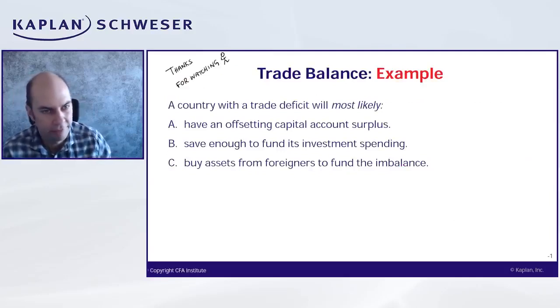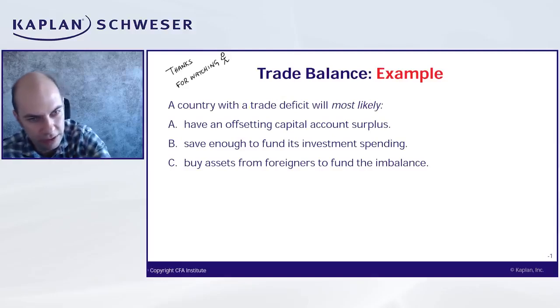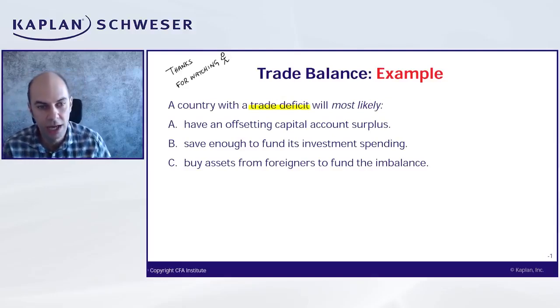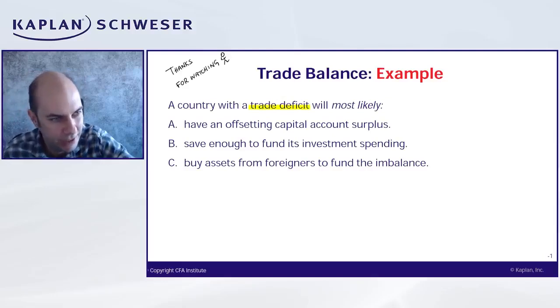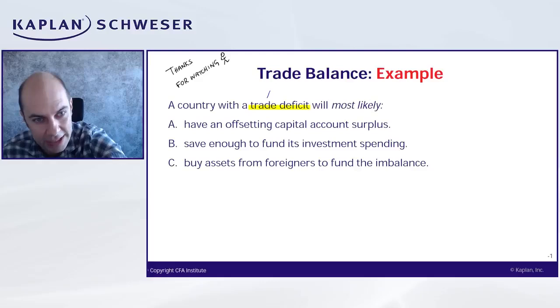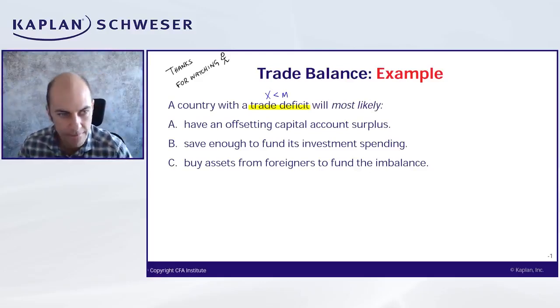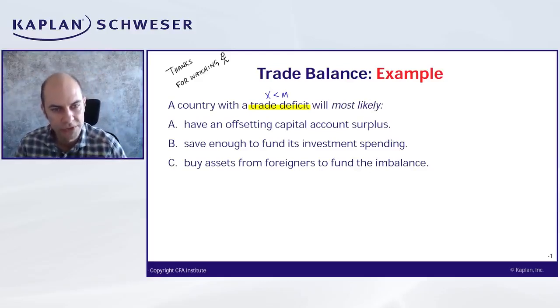Okay, let's have a look at this question then. A country with a trade deficit. Now, there's a big hint here. Country with a trade deficit. So a current account deficit. That means that exports are lower than imports. We're importing more than we're exporting. We're spending more than we're earning. We'll have an offsetting capital account surplus.